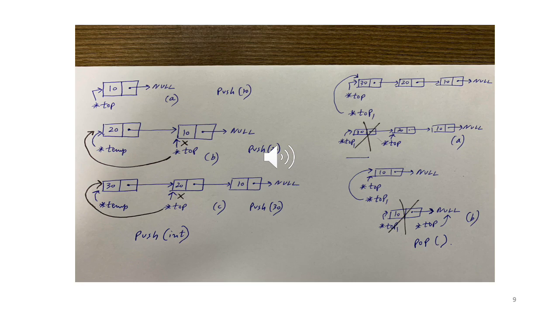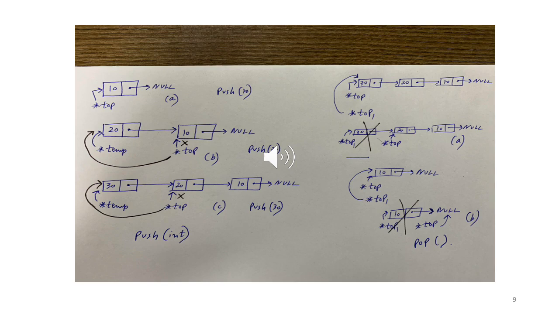That is the value of the PTR component of the node with info 20. It is meant to contain this memory address, and we equate it with top. So if the starting memory location of the node with info 10 is 100, now temp arrow PTR will be equal to 100. So essentially the node with info 20 now points to the node with info 10.